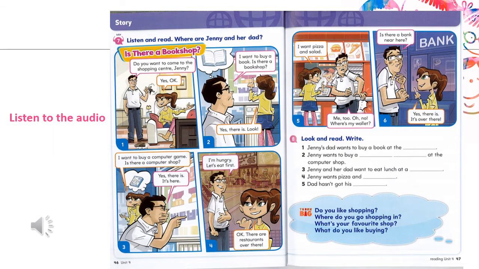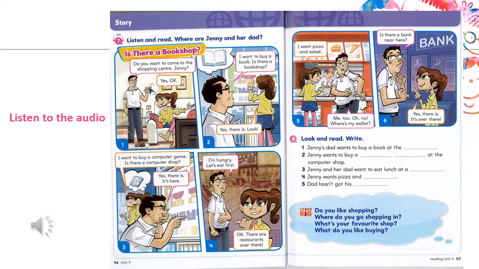Pupils Book, pages 46 and 47. Activity 7. Listen and read. Where are Jenny and her dad? Is there a bookshop? Do you want to come to the shopping centre, Jenny?